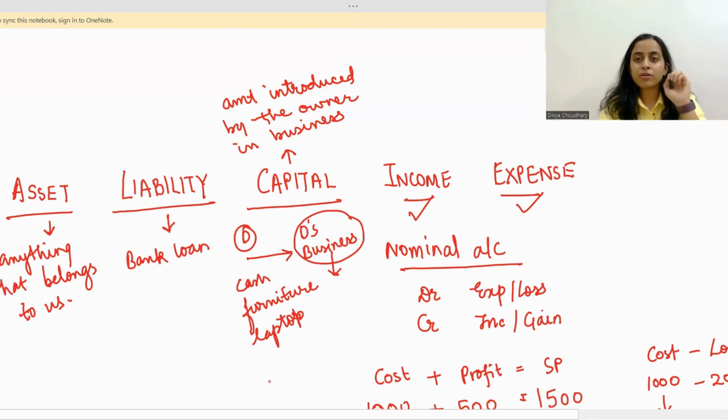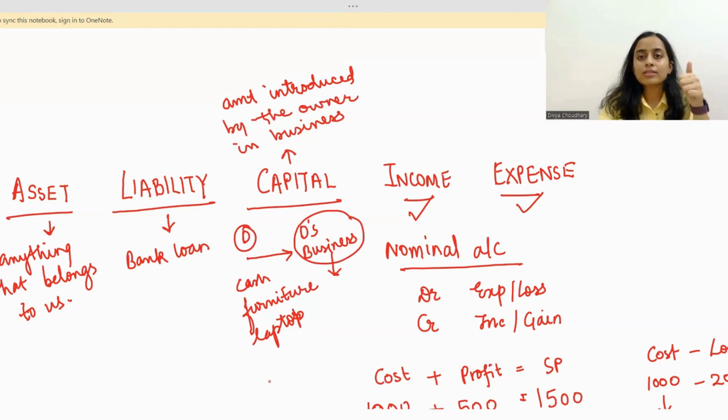I hope these 5 terms are clear to you. We've understood asset, liability, capital, income, and expense. Asset is anything that belongs to us, whether it is lying with us or with someone else, it is still our asset. Liability, if someone else's thing is kept with us, that's our liability because it's constantly in my head to give it back to that person. Capital, amount introduced by the owner in the business.